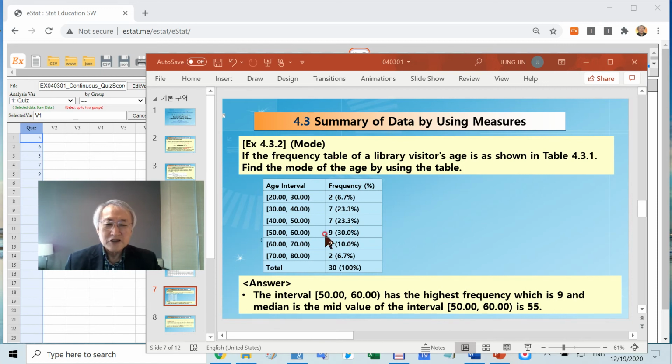If it is reasonably large, you can make a frequency table based on intervals like this. Then check the highest frequency. In this case, here it is 50 and 60. And then take the middle value of this interval. 55 is the mode.